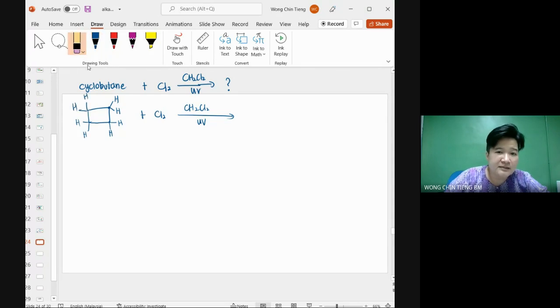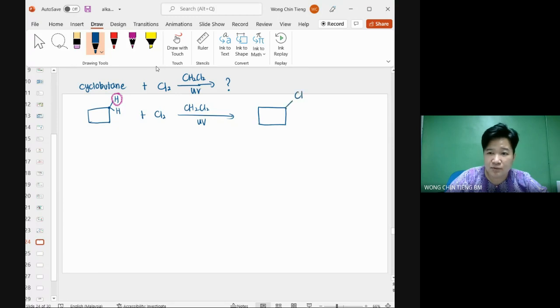Dan bila semua pegang 2 hidrogen dan cyclobutane tak pegang branches apa-apa, setuju tak kalau Miss Wong kata ganti mana-mana hidrogen pun sama? Kita ganti mana-mana hidrogen dengan Cl pun akan sama sebab kekal dengan satu hidrogen diganti. Byproduct adalah HCl.